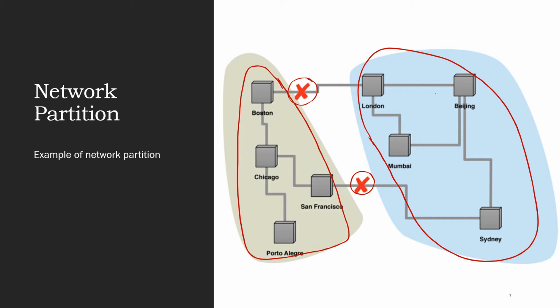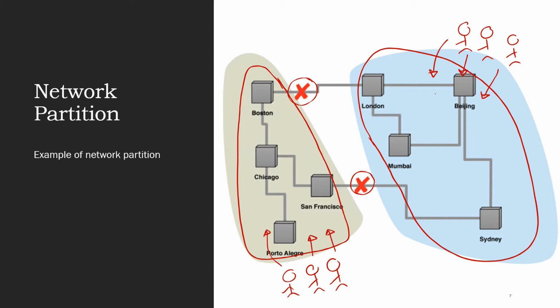But even when this network partition occurs, partition tolerance guarantees that users of each partition, of each part of the network, would remain operating the system, accessing the data, using the data, and performing data operations as they want.